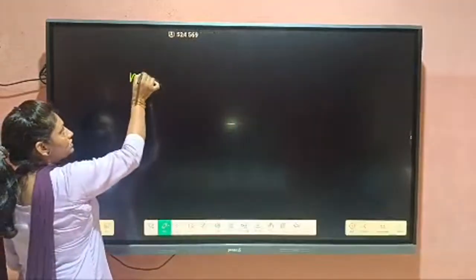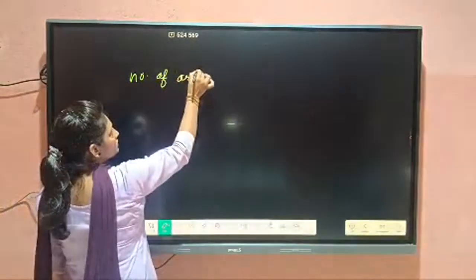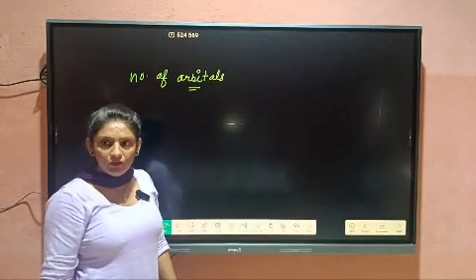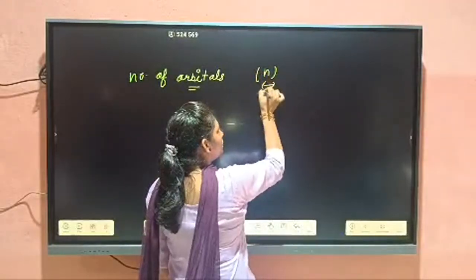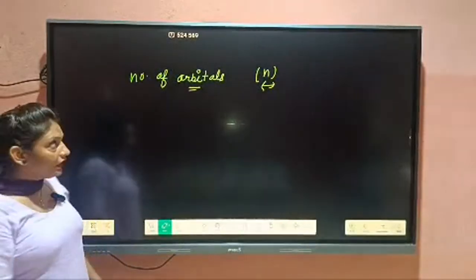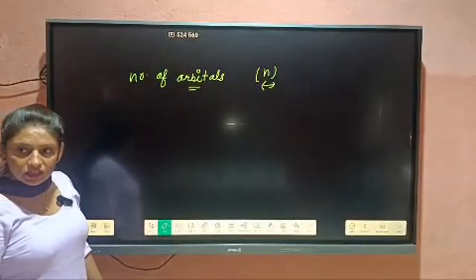we can calculate the number of orbitals by knowing the value of n only. If we know the value of the principal quantum number, then we can calculate the total number of orbitals also. By which formula?